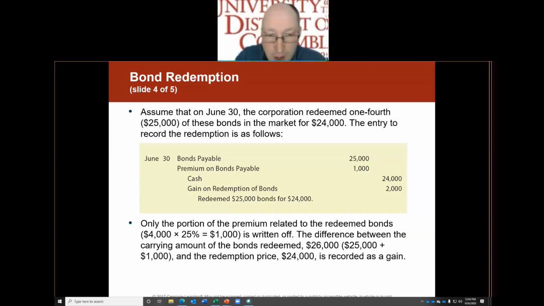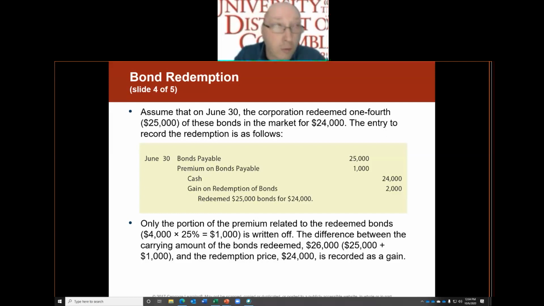Now, how did that $1,000 come about? Because of the interest rate apportioned out, we took $4,000 times 25%, got us to $1,000.